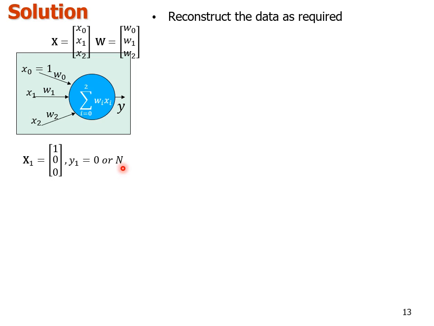Similarly, the vector x2: the original features are 0, 1, and x0 is added as 1. So capital X2 becomes 1, 0, 1, and y2, that is the class, is 0 or the negative class.